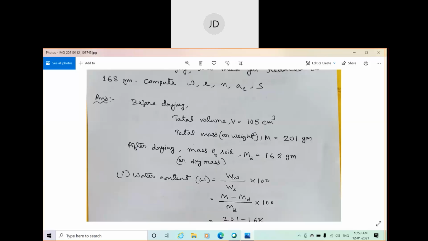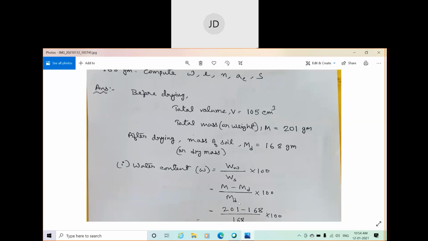How can you find out the mass of water? By this formula: total mass minus mass of the solid. If you subtract the mass of the dry solid from the total mass, you will get the mass of the water, and divide by MD, the dry mass of the solid.